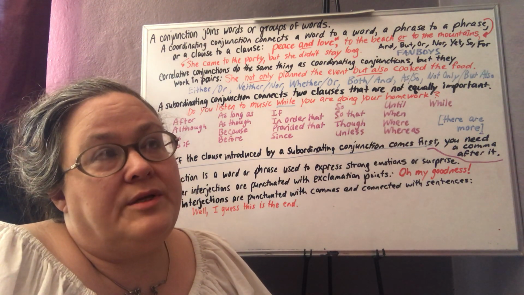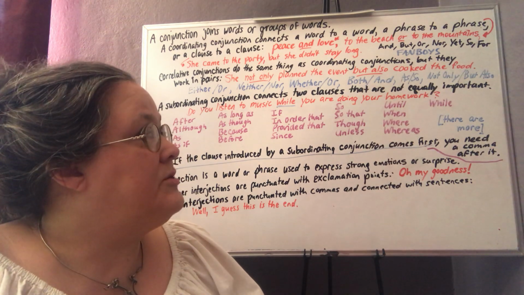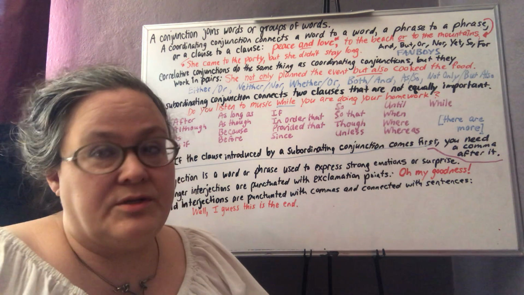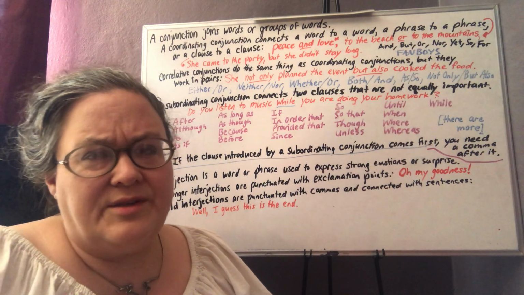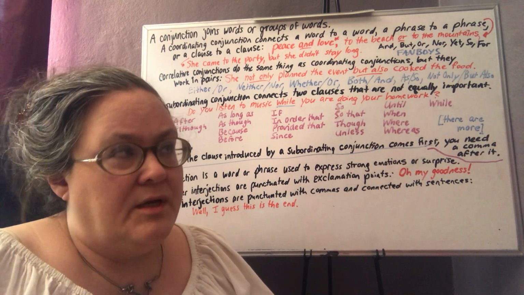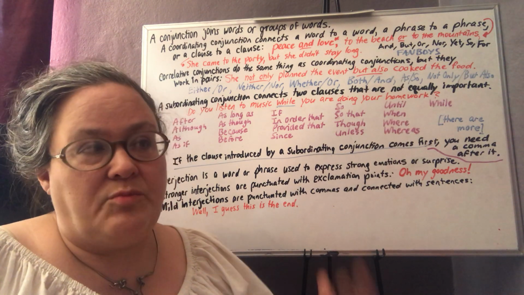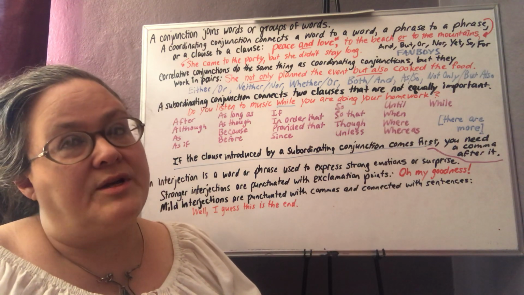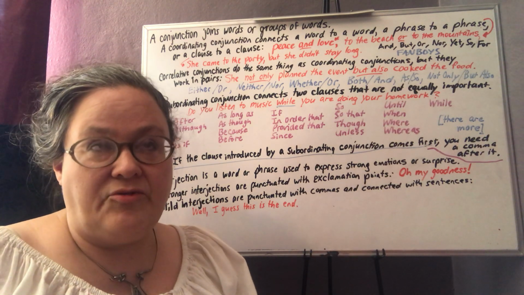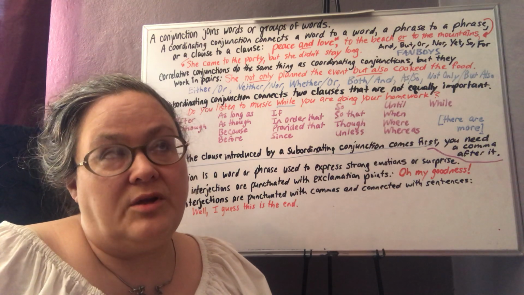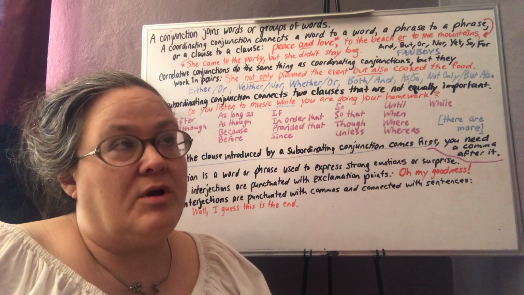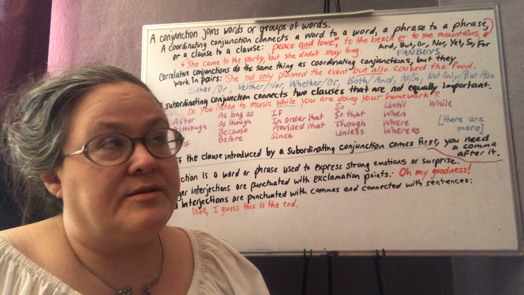You couldn't really say standing on the mountain and over the city. Well, first of all, you're not standing over the city. And second of all, that's a participial phrase and a prepositional phrase. And joining two different kinds of phrases can be a little confusing. So try to join the same kinds of phrases.